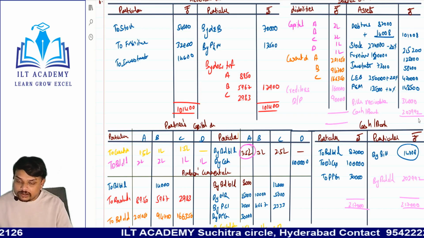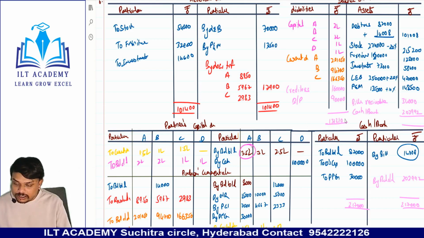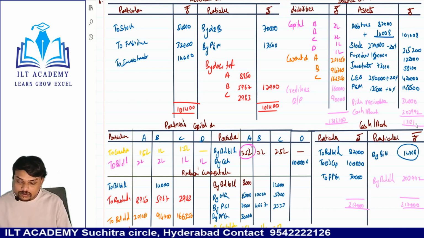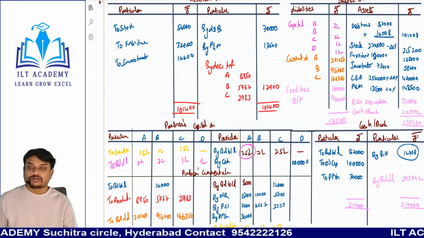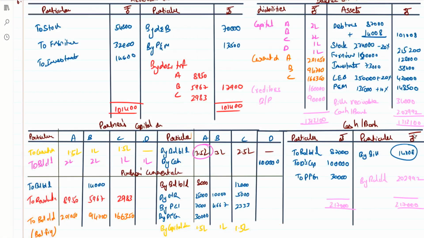Yes, our balance sheet closing figure is how much? 13 lakh 12,100. Just note down this one.